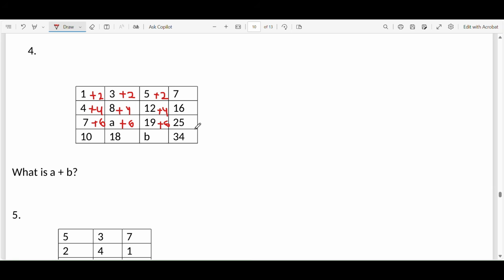Okay, find out the value of A. Sorry, it's not correct. Value of A is 7 plus 6, which is 13. Okay, value of A is 13 here.